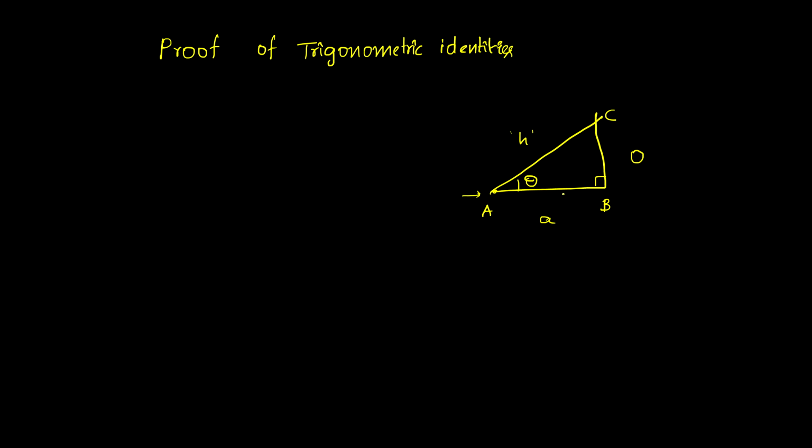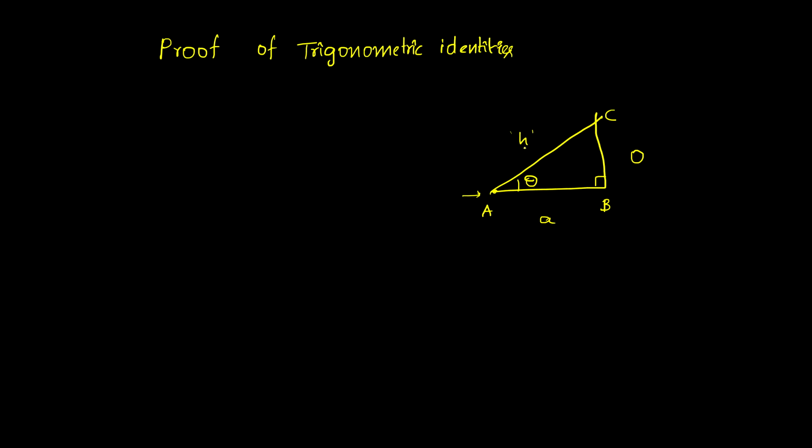And AB is adjacent to angle theta, that means it is beside him. It is not opposite him, it is beside him, that's why it is known as adjacent. And we know the longest side of a triangle is known as hypotenuse, let it be H. So here we are assuming BC as the opposite side O, the adjacent side as A, and the hypotenuse as H.